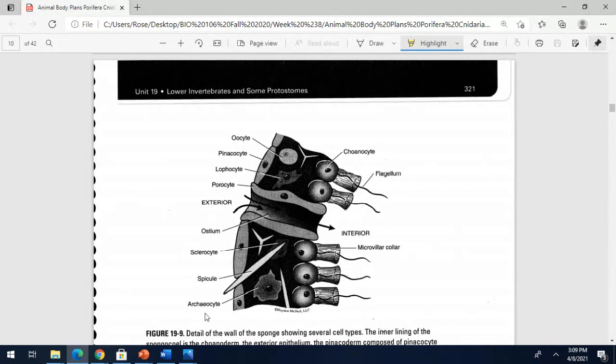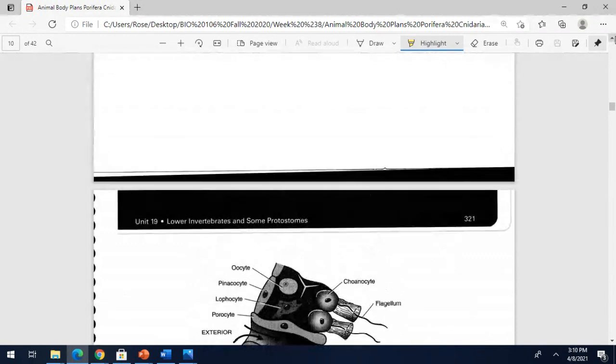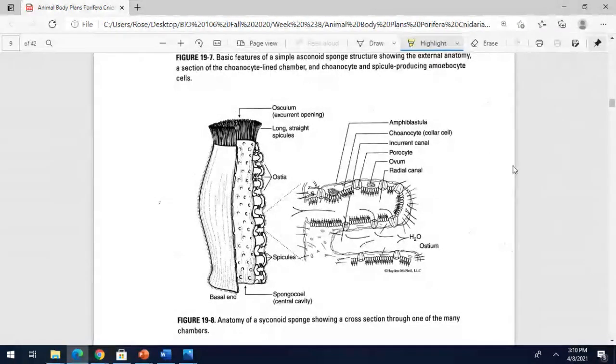Archaeocyte is also called amoebocyte. The in-between matrix that they move around in is the mesohyl or mesenchyme. And there are the special choanocyte feeding cells. This shows more detail on the different types of cells. I believe there are up to 34.